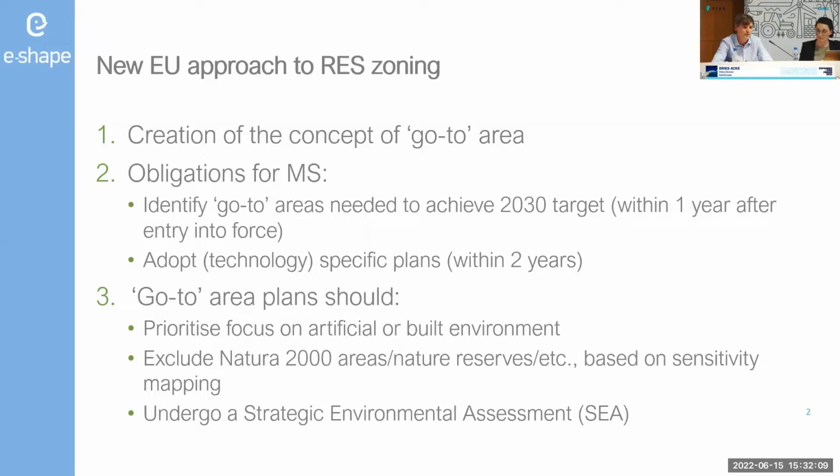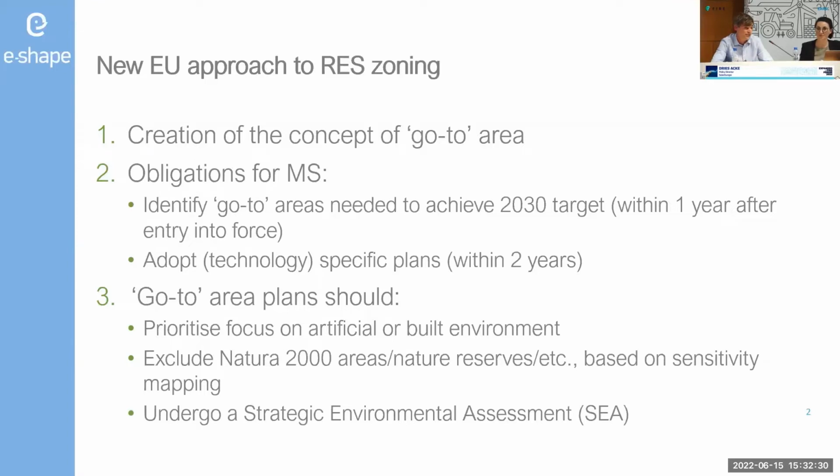Go-to areas are places where the impacts on biodiversity, water, and other land uses are as small as possible and that are still in good conditions for solar or wind. I'm sure I'm saying a lot that my friend Ivan here will say as well. So what is it concretely?